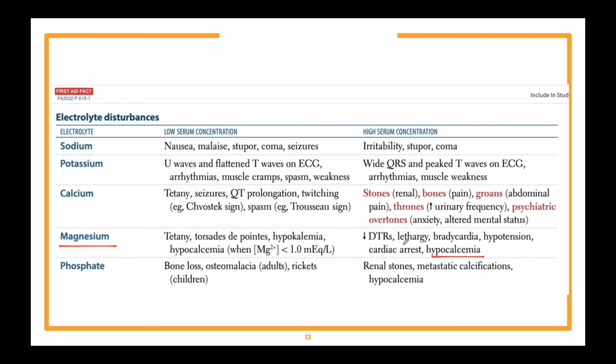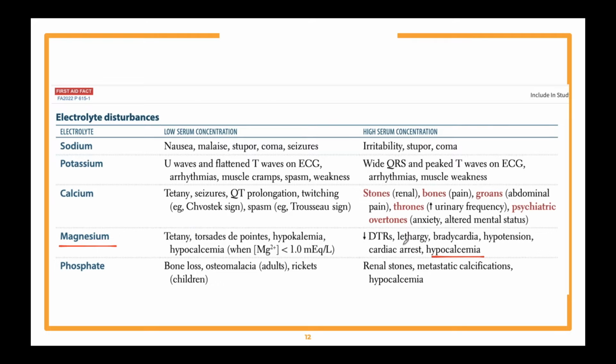So this is something that you would want to correct in this patient, along with correcting the potassium. So if you have a patient in the hospital next time and their potassium's not responding, make sure you ask them about alcohol intake and make sure you check other electrolytes as well, including magnesium.